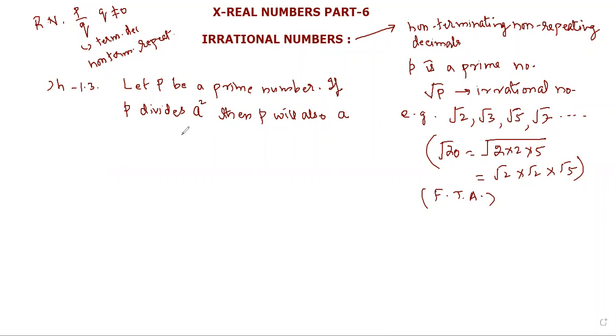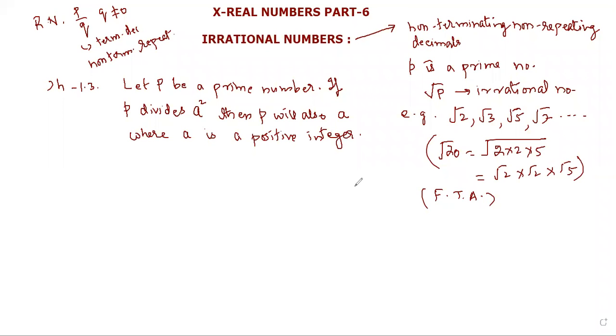I am changing the language somewhat here. Means if P divides a square, it will divide a also, where a is a positive integer. We don't have the proof here; we will just use this theorem for proving that under root 2 is an irrational number.